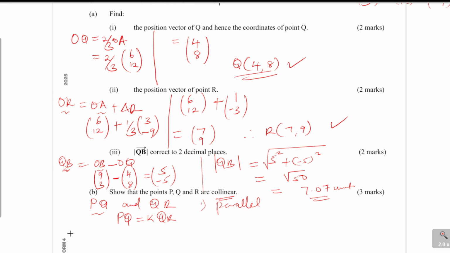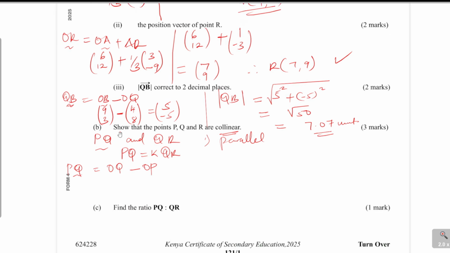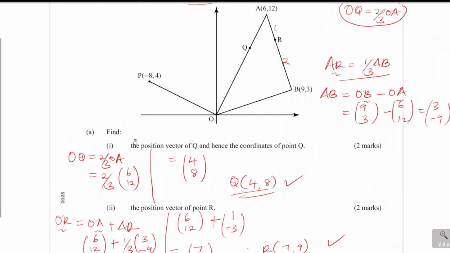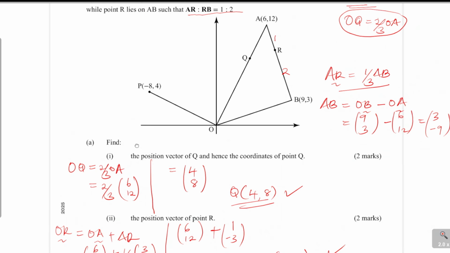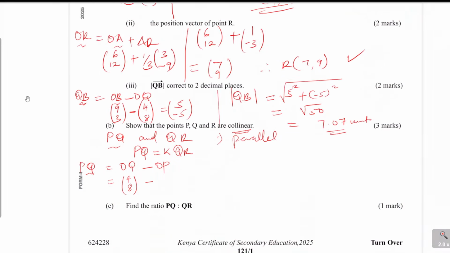So we get PQ first. How do we get PQ? PQ is obtained by taking OQ, subtract OP. Because we already have OQ, OQ is 4, 8. Then OP is there, -8, 4.